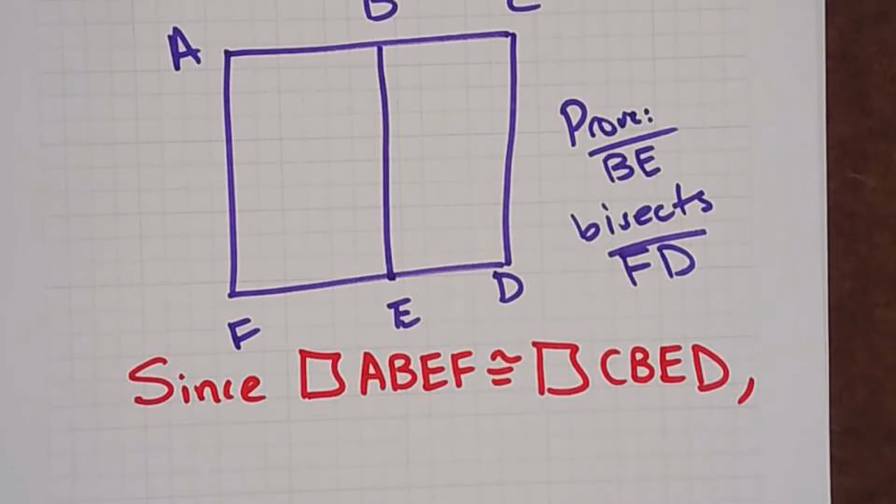It's very similar to the first one we did on the review. Except we're not bisecting an angle, are we? We're bisecting a line segment. Still got to prove the same thing, though.